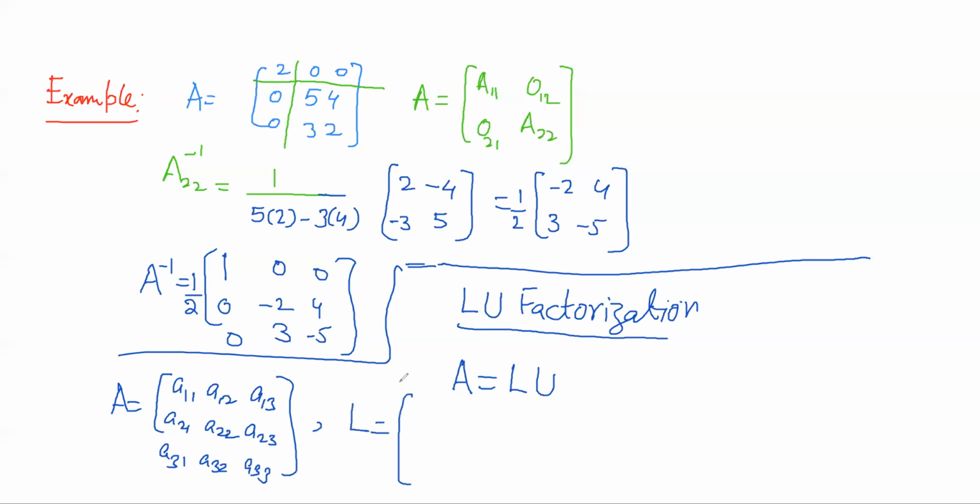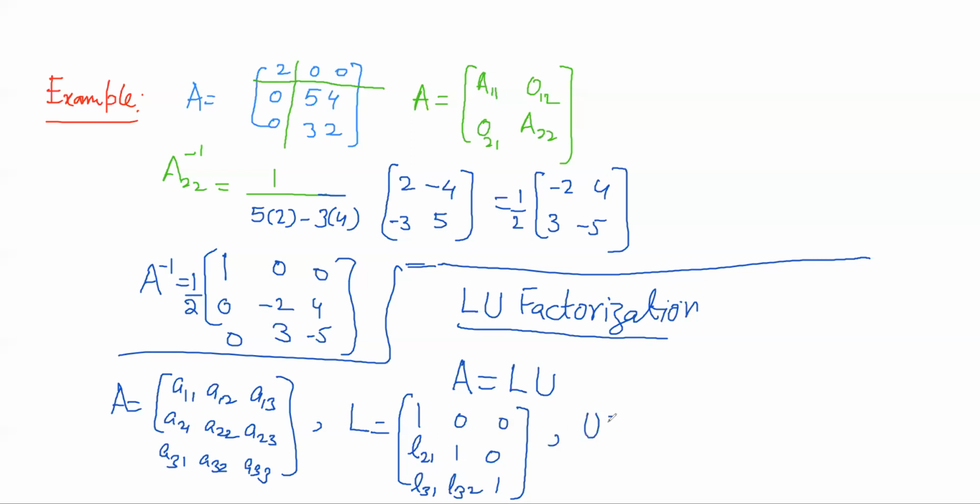The lower factor will be 1, 0, 0, L21, 1, 0, L31, L32, 1. Okay, so it will be a lower triangular matrix. All the diagonal values will be 1, and the values above the diagonal will all be 0.